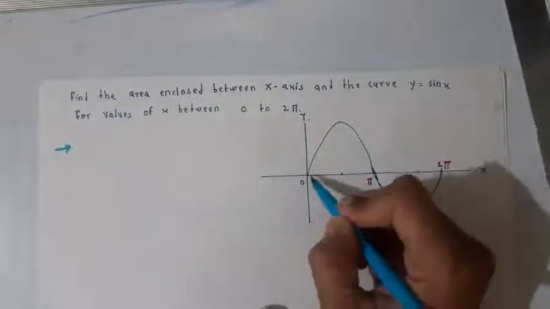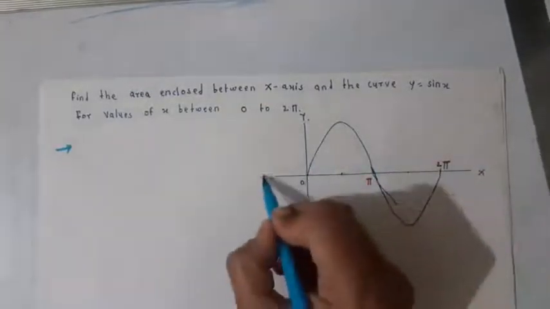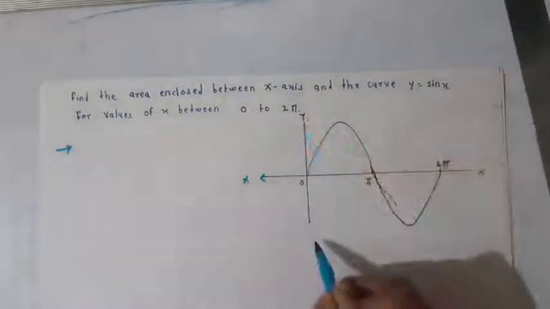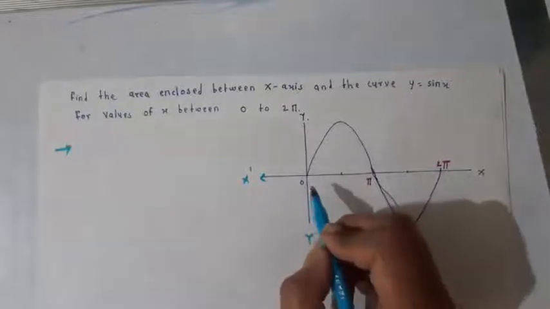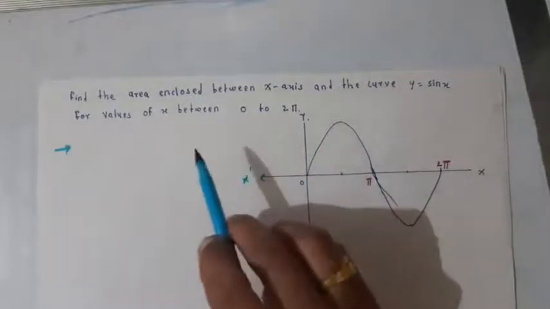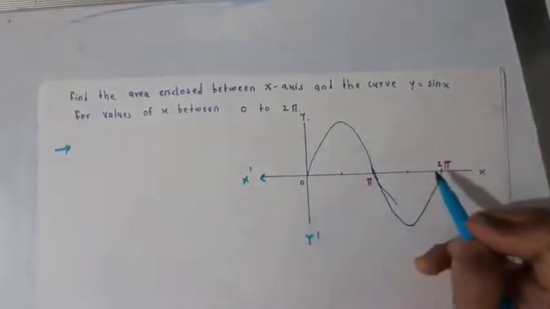The curve is the sine curve. This is the x-axis, y-axis, the origin is there and the curve sin x lies between 0 to 2 pi.